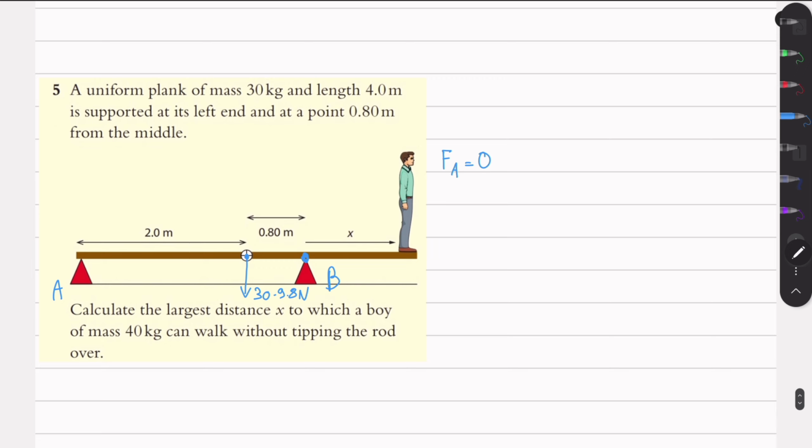But here FA is 0 anyway, so it doesn't really matter where we would write it. But let's say I want to write it at point B. So let's see what forces are acting here. There's a support force at B. However, by writing the torque around this point, we don't care about what FB is. We don't even calculate it because it's simply not important.